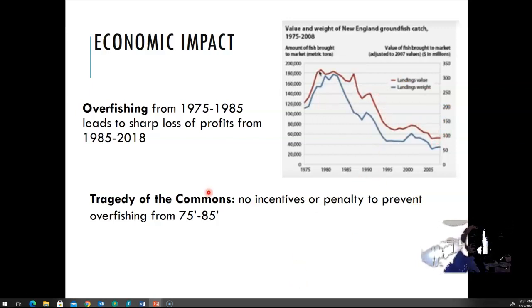And it affected the whole economy of fishing in the Northeast to where so many of them went out of business. So this is when there are no incentives or penalties to prevent overfishing. During this time, it ruined the whole economy as well.